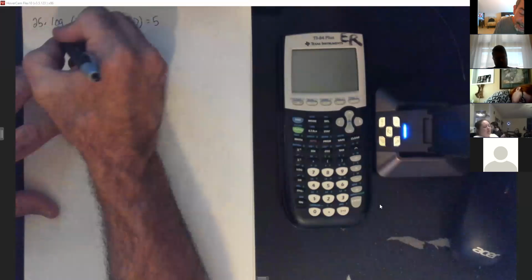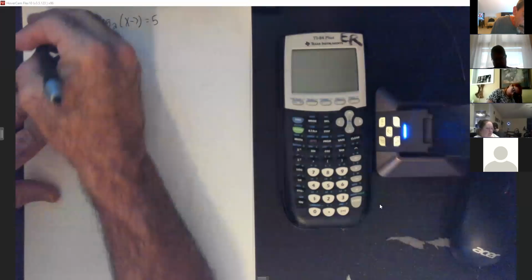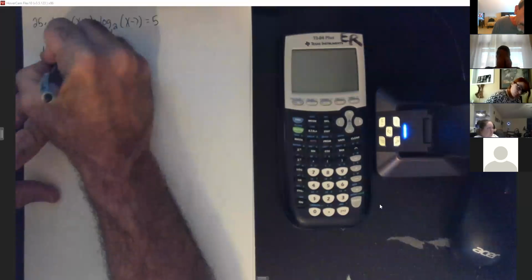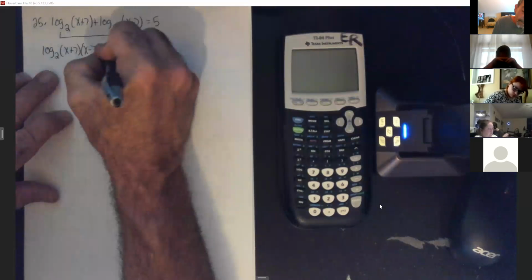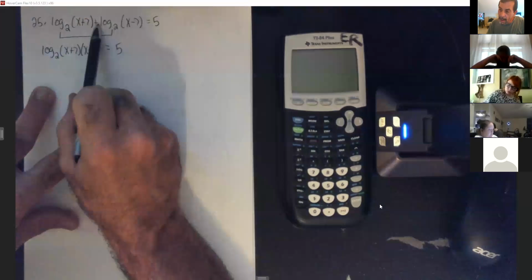But the first step is going to be rewriting the 2 logs as a single log. So that'll be log base 2 of x plus 7 times x minus 7. All that's going to equal 5. So they're being added, they get written as a product.